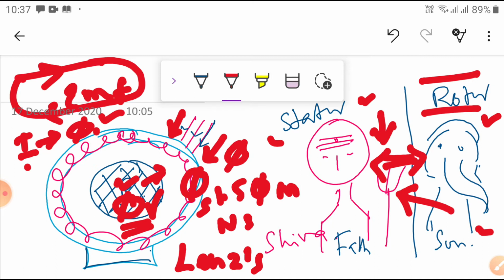There is a relative motion between the stator field phi s and phi r. So the relative motion between the two fluxes has to reduce. That's why there is a quarrel between Vinayaka and Shiva. Similarly, there is a force of repulsion or attraction between the stator field and rotor field.